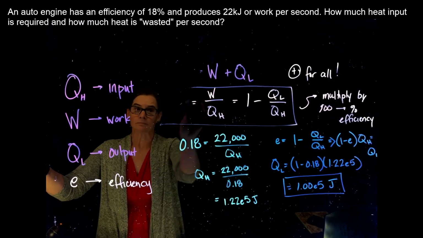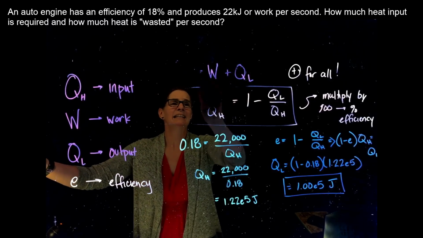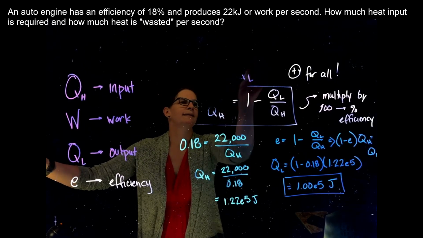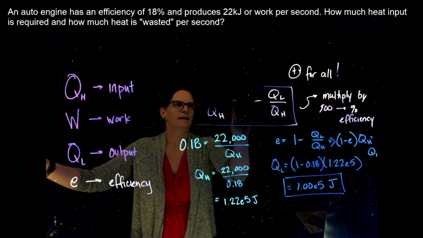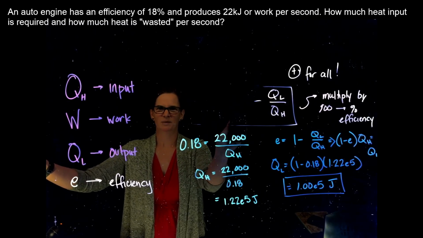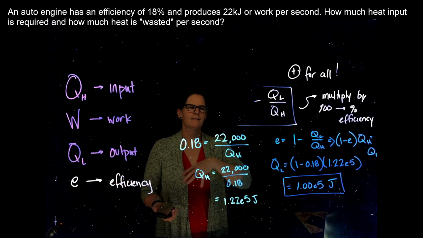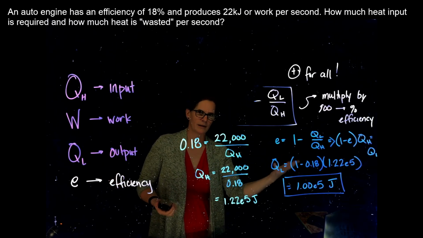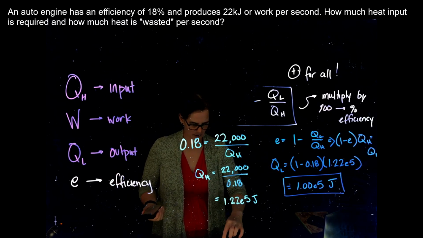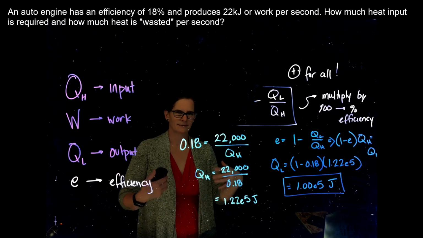Now, this takes heat in and produces work. What if I wanted to produce cooler temperatures, like in a refrigerator? What if I wanted my output heat to be something that I am looking for?